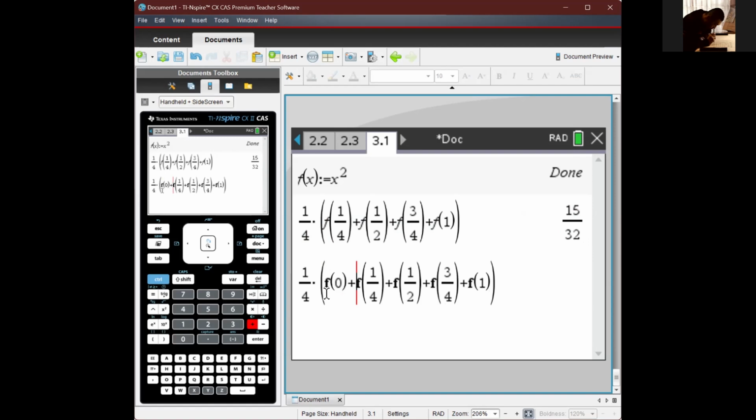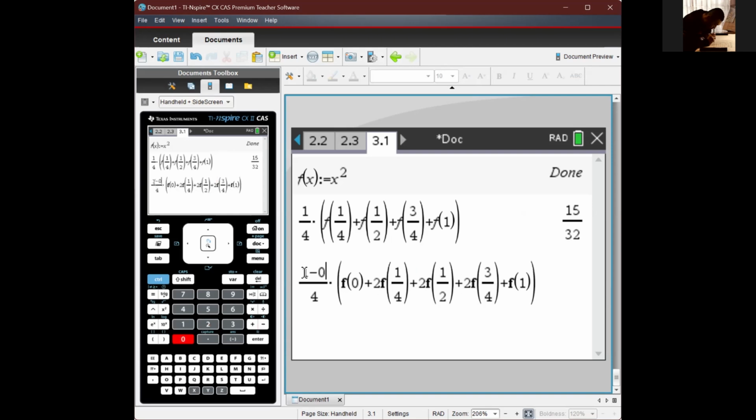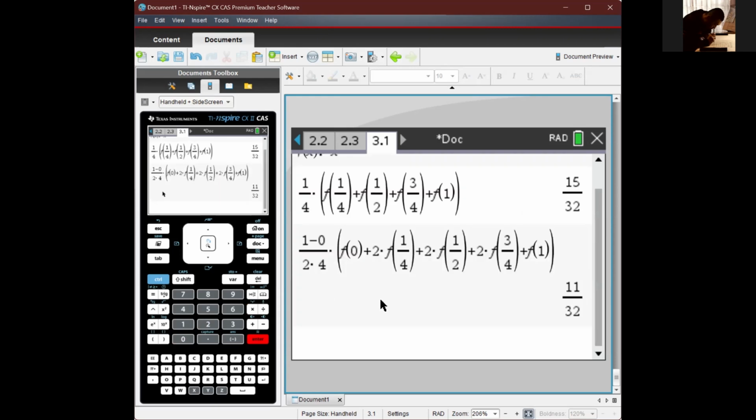You start with your beginning f0 and twice this much, twice this much, twice everything in the middle. The first and the last term will only appear once. And you might want to use 1 minus 0 over 2n, 2 times how many pieces, how many trapezia you have. So that will give you 11/32, okay?